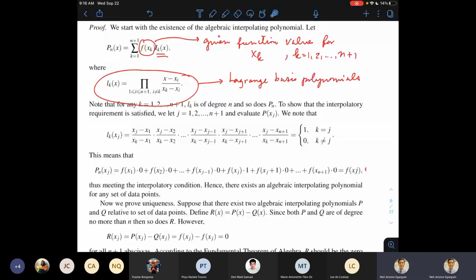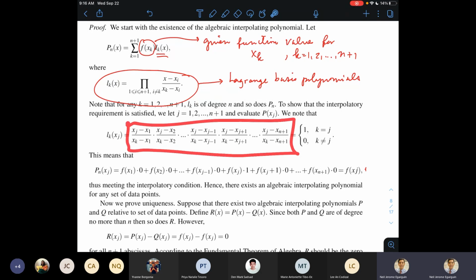Okay. Now let's see if the interpolatory requirement is satisfied. And we can do so by evaluating yung L sub k. So if I will plug in into an L sub k, isa dun sa mga Lagrange interpolating polynomial, yung isang x sub j na given dun sa problem, okay? So remember, ang itsura lang ng Lagrange polynomial ay ito.